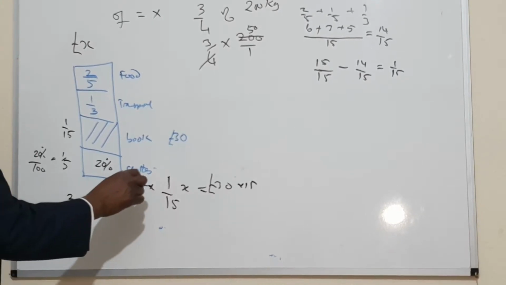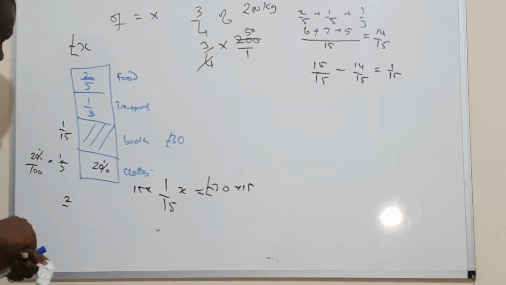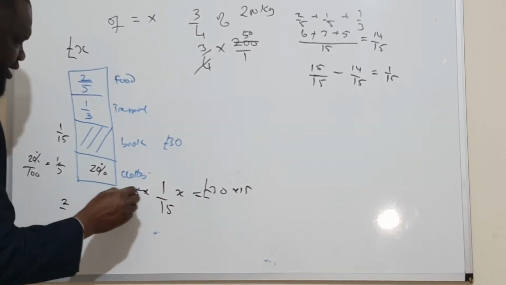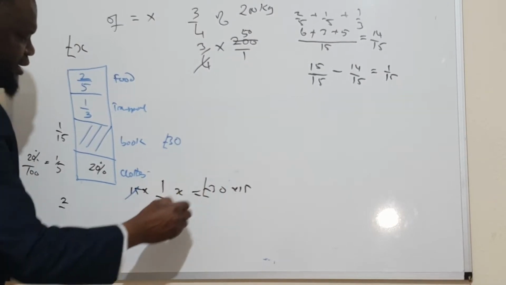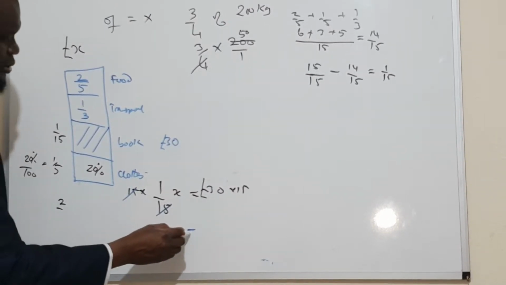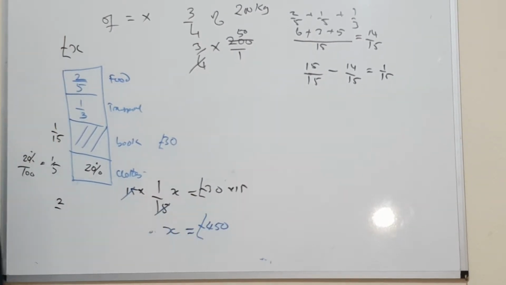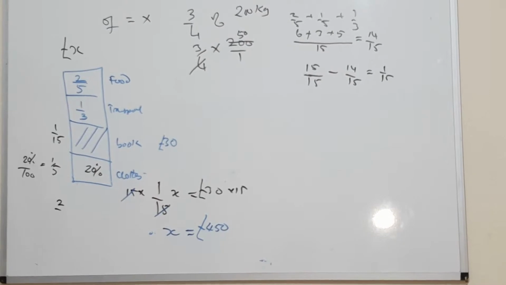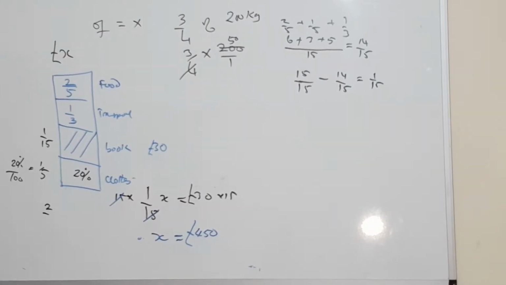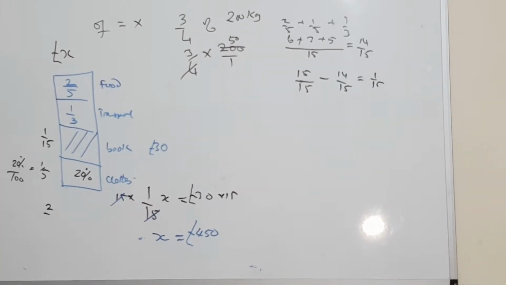The 15 will cancel the 15, and we have only x on this side, which is equal to 450 pounds. This man is a rich man. He went to the market with 450 pounds. This is my brother. So this is how these things can come.